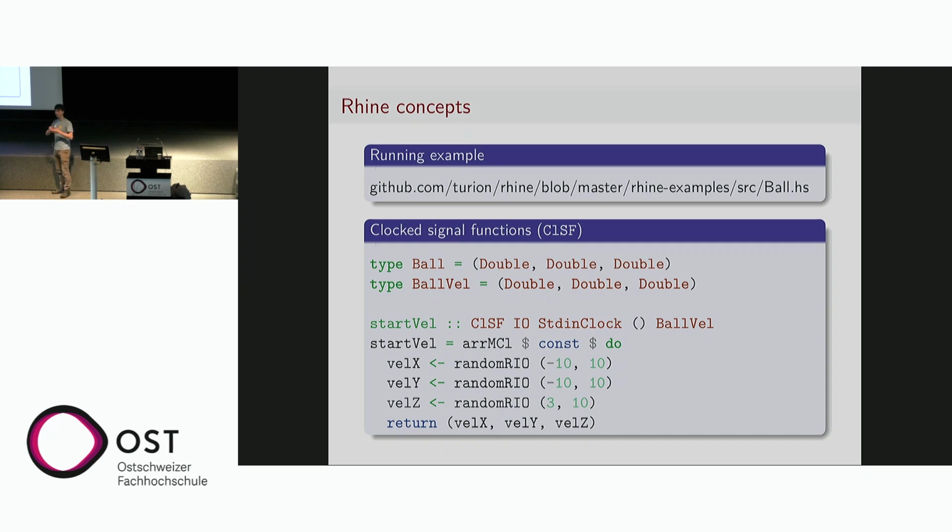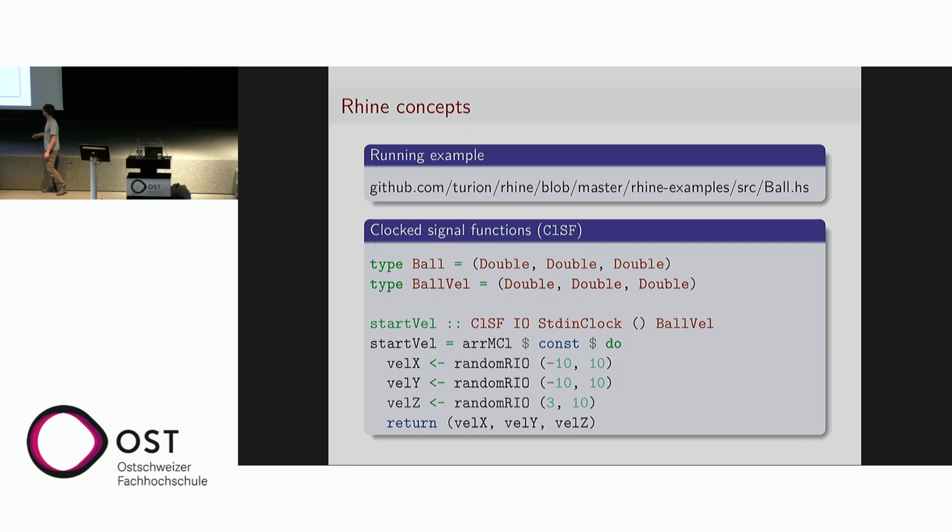We're simulating a ball that you can throw and it will jump in a parabola and then fall on the ground again. Physical simulation. And we want to kick off the ball by pressing enter. So it has to be on the standard in clock. Here you recognize SF, that's signal function, and CL means clocked. So it's a clocked signal function. It's like a signal function, but you have here monad, clock, input, output.